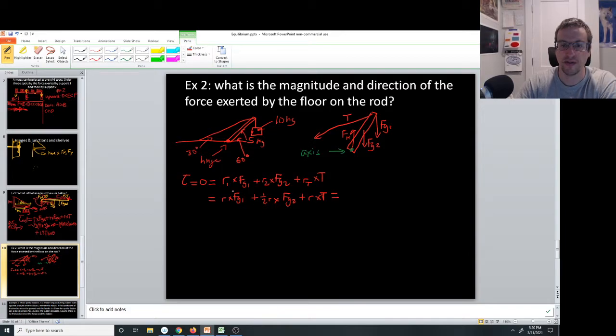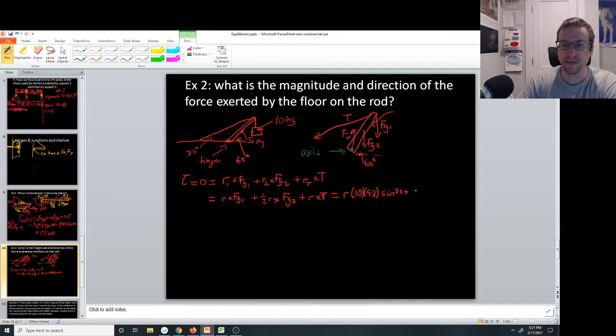So I've got R cross FG1, so that means it's R, and then the FG1 is going to be 10 times 9.8. And then we have to have the sine of what angle? Now that's this angle right here. Well, I know this angle down here. Now this is 60 degrees, so that must be sine of 30.